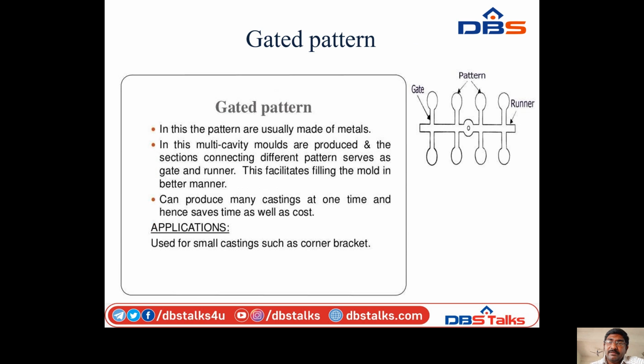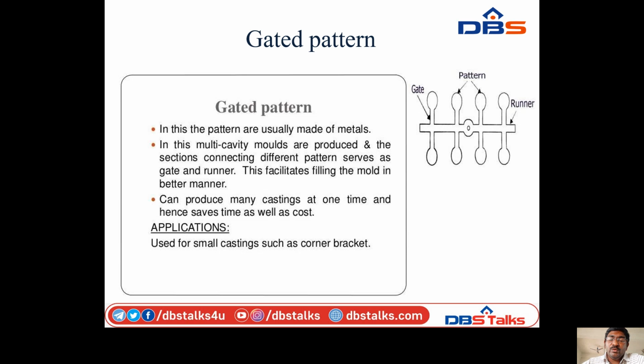Next, gated pattern. These patterns are usually made of metals. This consists of a loose piece pattern with attached gates and runners to provide a channel through which the molten metal flows into the cavity.